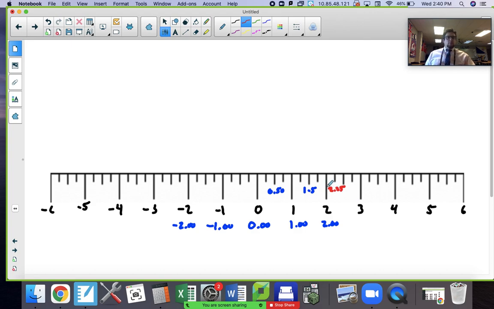The reason why the number in front right here is 2 and not a 1 is because we've crossed over and we have 2 whole dollars and then part of the next dollar. So this one right here, that'd be $3.25, $3.50, $3.75, so on and so forth.